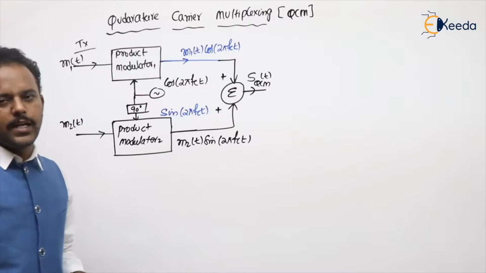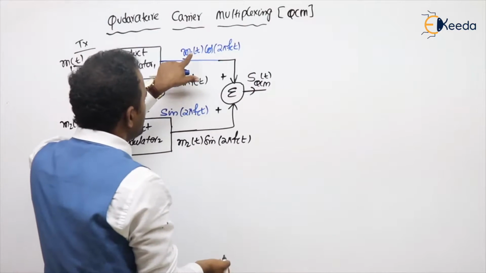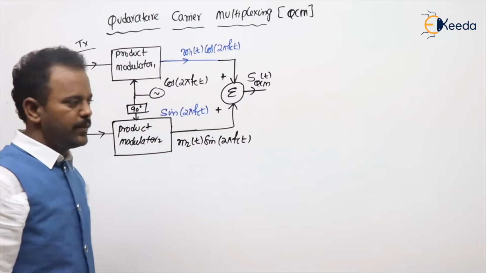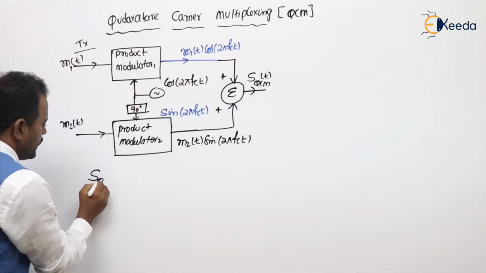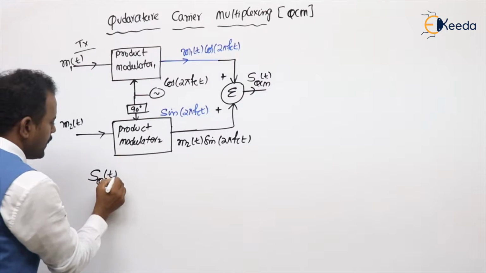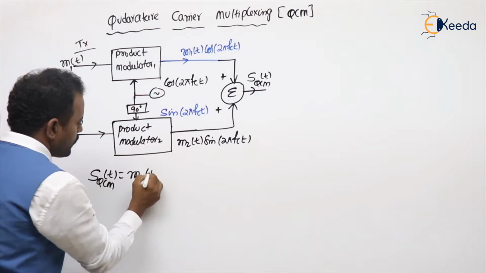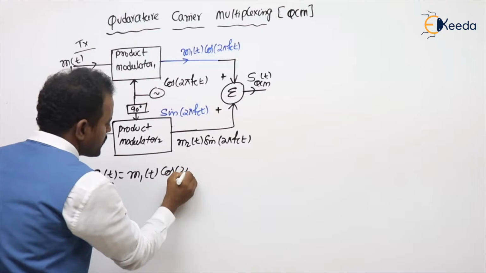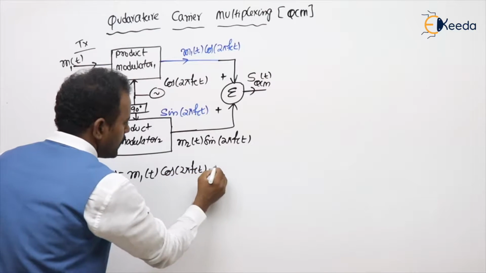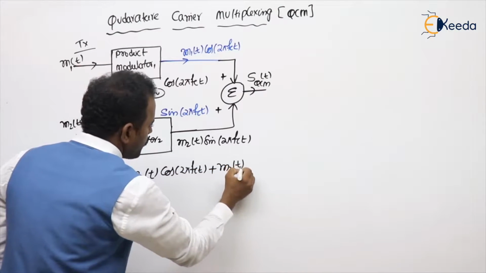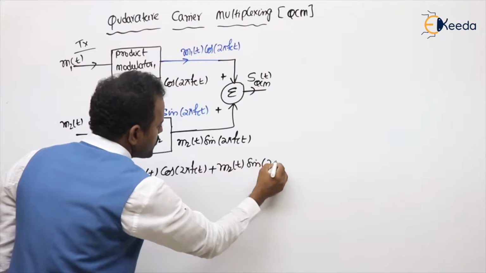What is the QCM signal, sir? The QCM signal is this plus this one. That is, the QCM signal is nothing but M1 of t into cos 2 pi fct plus M2 of t into sin 2 pi fct.